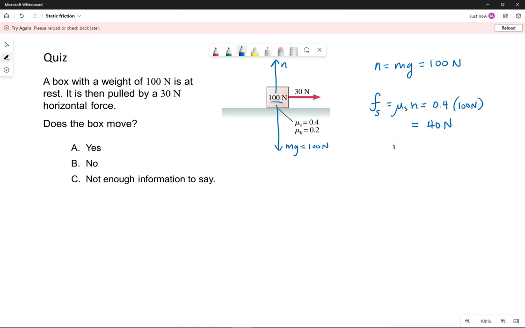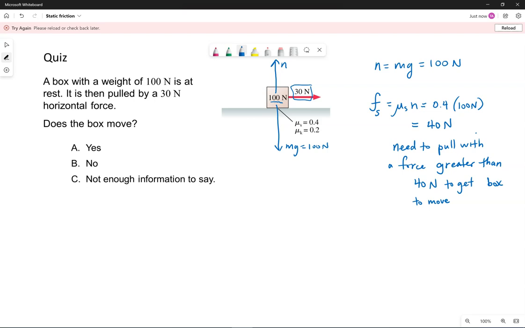What this means is we would need to pull with a force greater than 40 newtons to get the box to move. The problem is telling us the box is being pulled at 30 newtons.